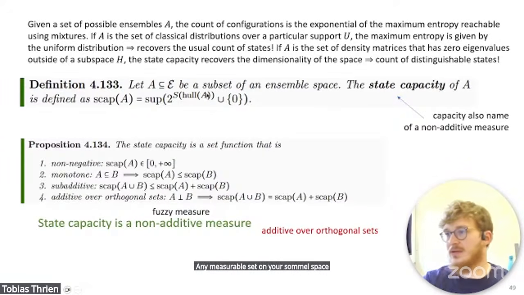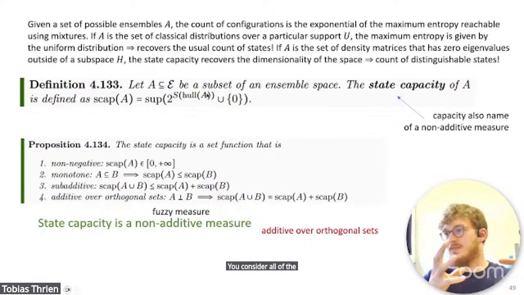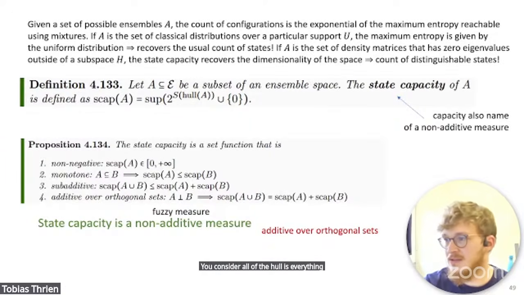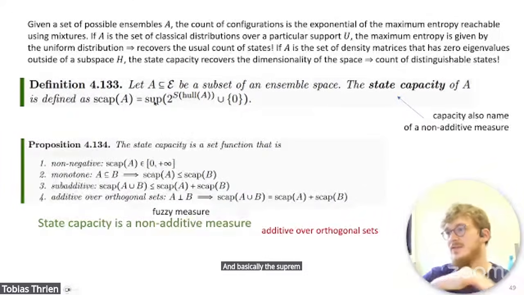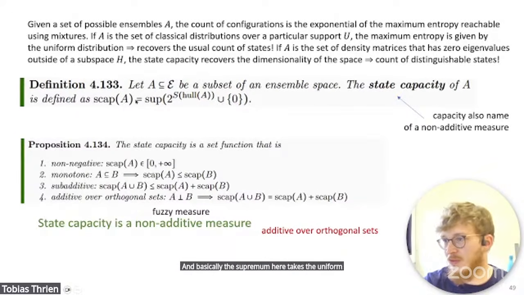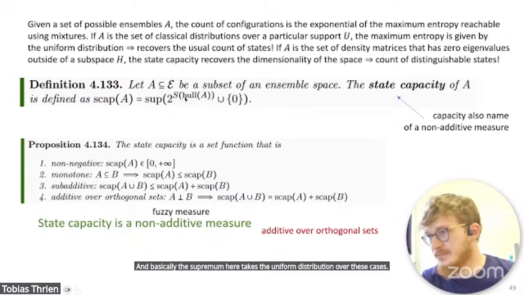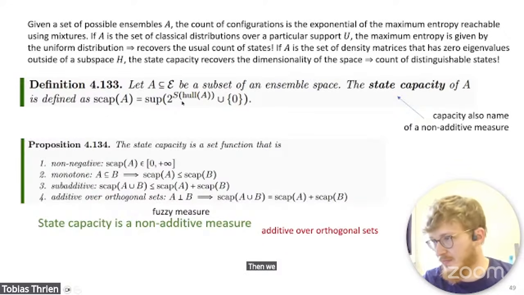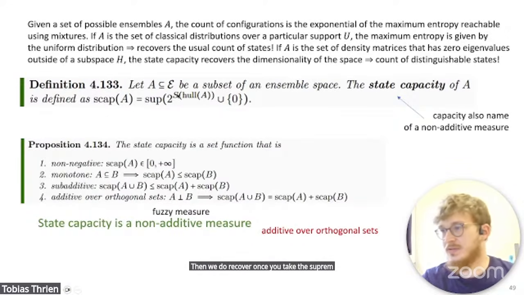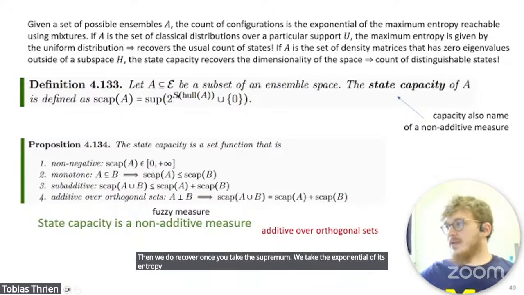You consider the hull, which is everything that you can mix based on this. And basically, the supremum here takes the uniform distribution over these cases. Once you take the supremum and the exponential of its entropy, you get the state capacity.